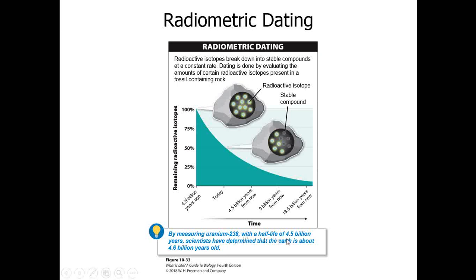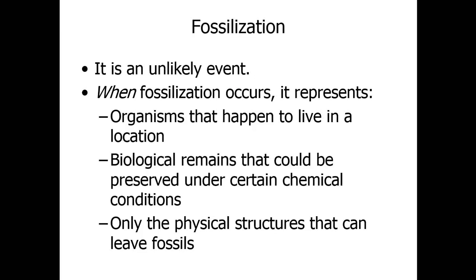Its half-life is 4.5 billion years. So for half of that radioactive isotope to go away, it's going to take 4.5 billion years. If you discover some of this and you've got half of it left, you can guesstimate how old it is based on where those isotopes are in their decay.